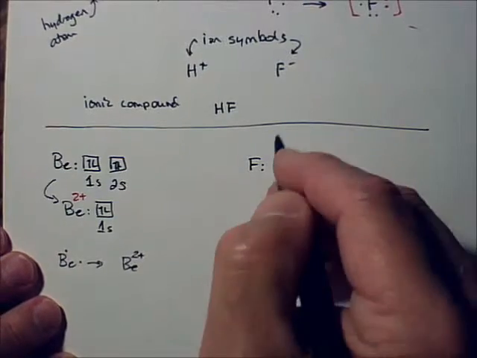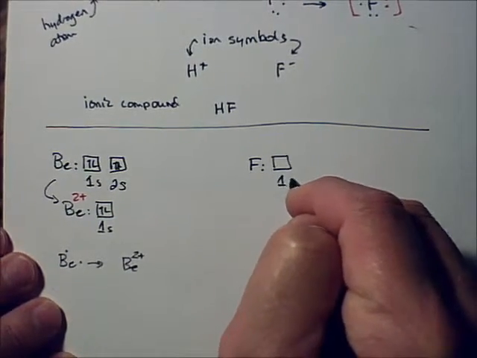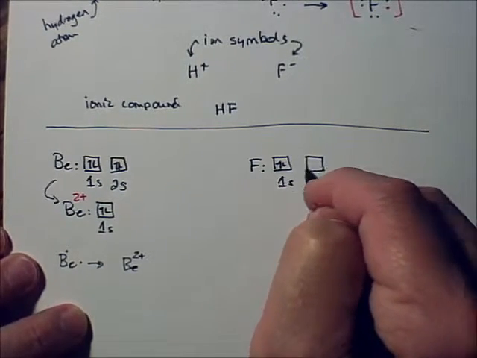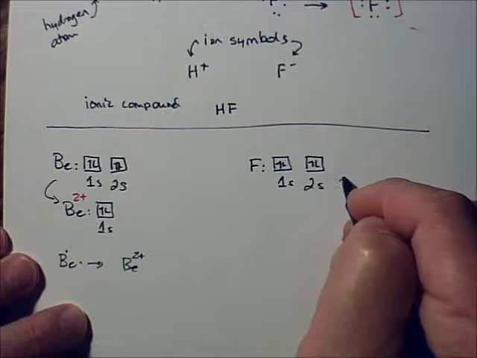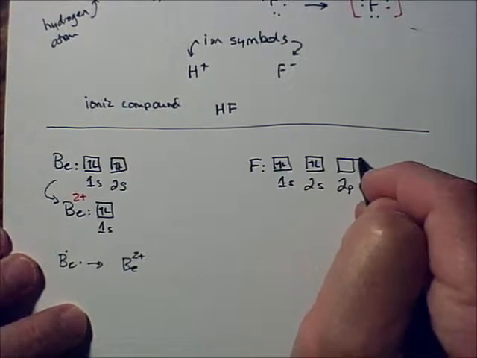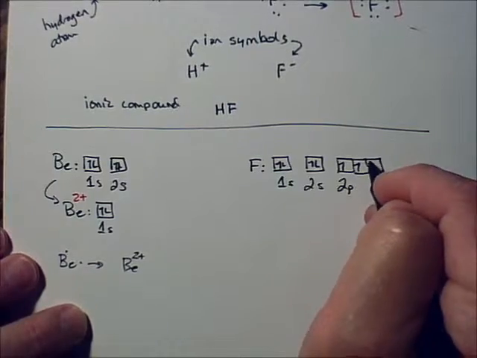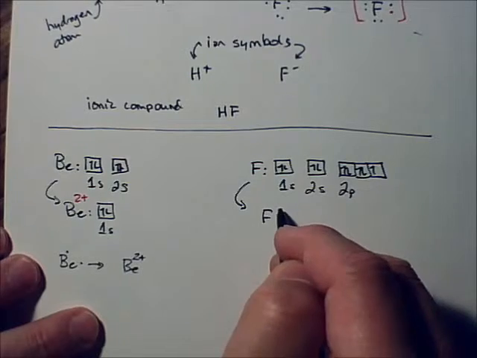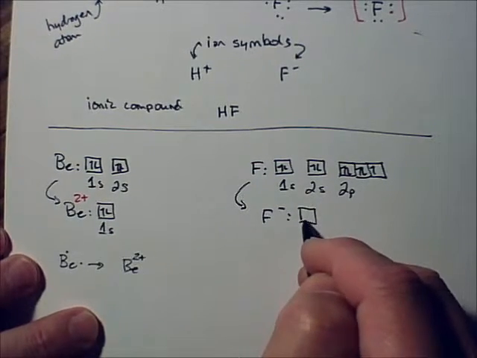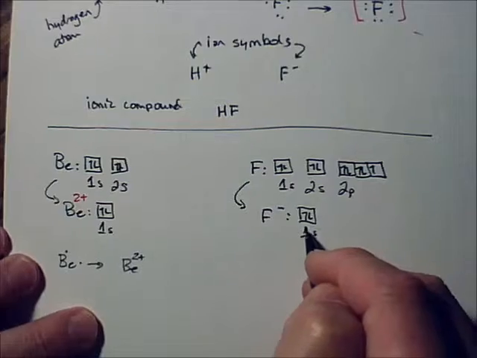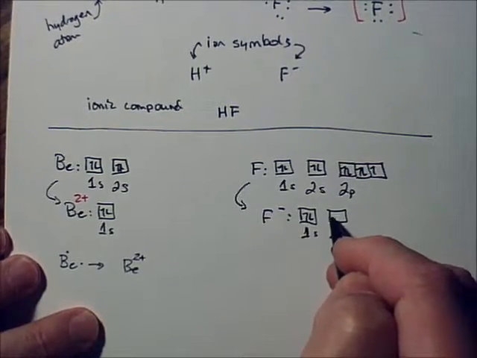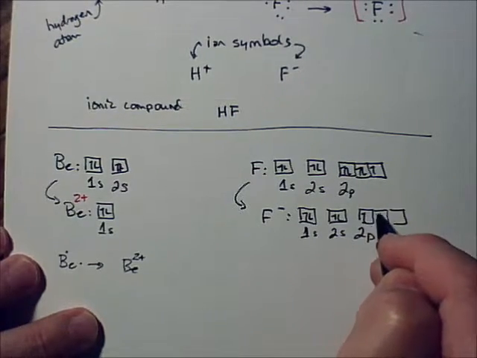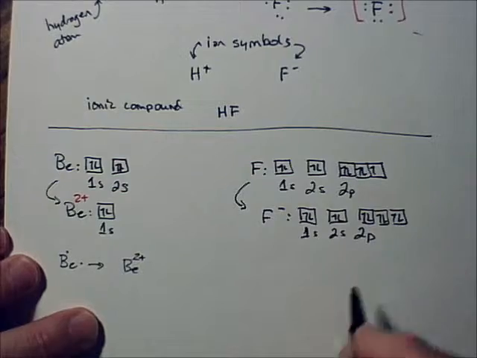Now fluorine, we said a moment ago, was this. So that's the ground state. We ionize it. It becomes fluorine with a 1 negative charge because we're going to add an extra electron on here. I'm kind of speeding through fluorine because we've already done it once.